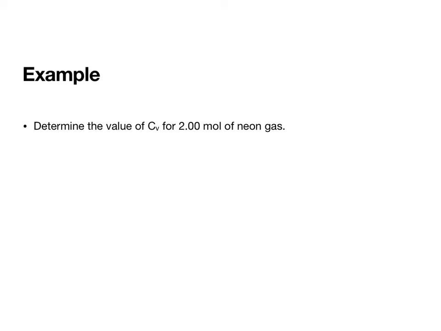Okay, so let's do an example. I want to determine the value of CV for 2 moles of neon gas. And so we know that CV is equal to 1/2 NEP NR. And we have neon gas, and so NEP is going to be equal to 3 because we only have translations and we're going to assume a 3-dimensional world.